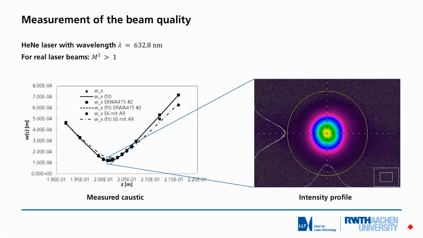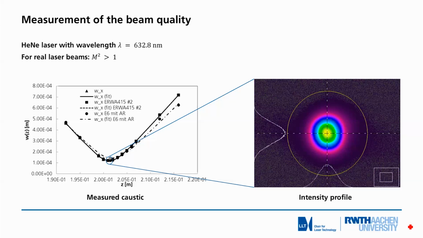If we look in more detail and analyze some measured data of the experiment we just did, you can measure this caustic, as we call it. This is the behavior of a converging and diverging laser beam with a minimum size in the focal spot. If you look at the right-hand side, you even can see the intensity distribution over that beam, and it looks like a typical bell shape, a Gaussian distribution.